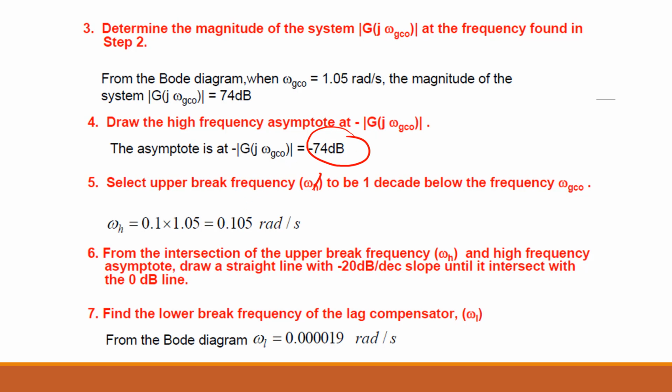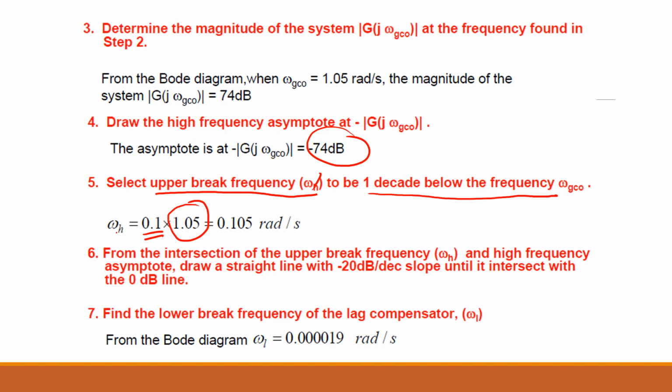Next, in order to sketch the compensator, you need to find the upper break frequency. It is to be 1 decade below the frequency of omega GCO. We find this from the Bode plot, and to go 1 decade below, you multiply by 0.1.